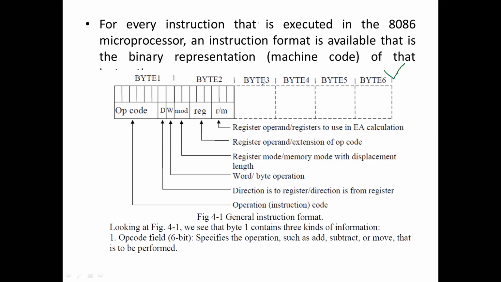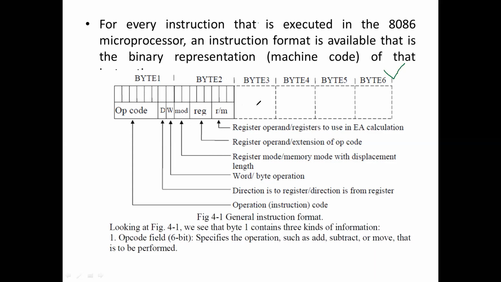For example, if we are having that addressing mode, which one? Displacement, relative index addressing mode. In relative register addressing mode, what was the case? We were having some displacement value, plus 8-bit displacement or plus 16-bit displacement. So in that case, byte 1 and byte 2 will contain some bits as per the format which I am going to explain later, and byte 3 and byte 4 will depend.